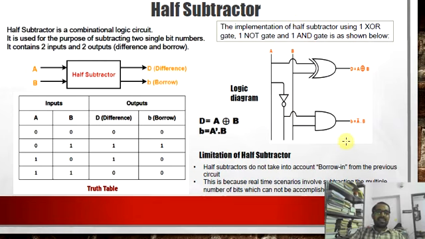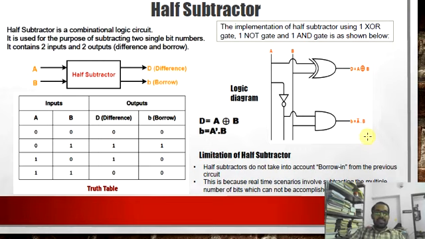Just like in the case of the half adder, which only considers 2 bits and does not consider the carry input from the previous stage, the half subtractor has a limitation because it is only used to subtract two single bit numbers. So it does not count the borrow in from the previous circuit.